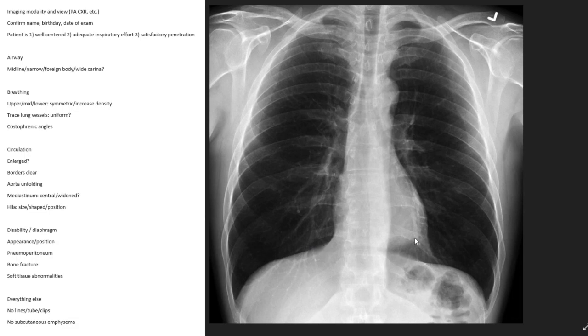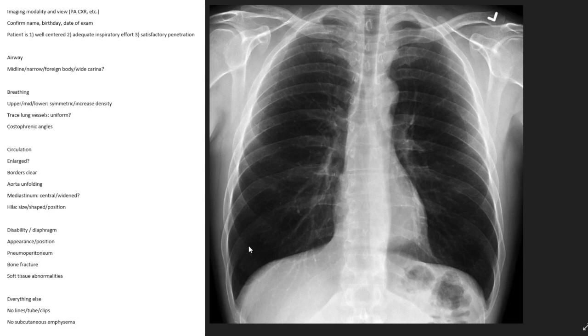If the left is above the right, then that may be a sign of pathology like atelectasis. You want to make sure that there are no bone fractures. That's where the D in disability comes from. So any visible bone fractures here, any soft tissue abnormalities out in here, not that I can see. And then E is for everything else.